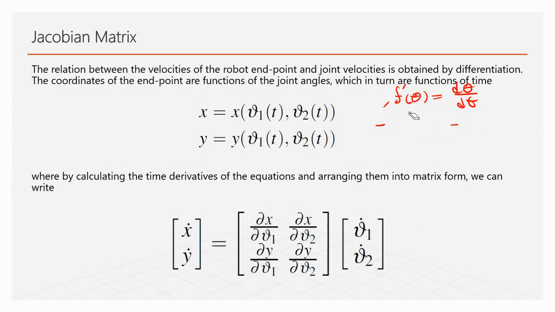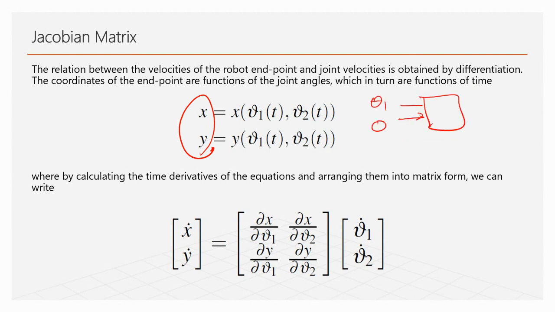Okay? And when my function, like what we have here, is two-dimensional itself, it has two values like x and y, and two inputs. What we are dealing with is a function with theta 1, theta 2 as inputs, and x and y as outputs.